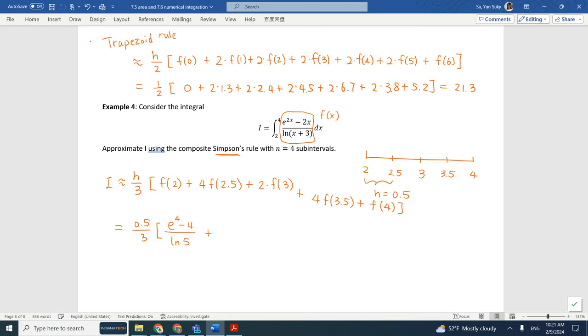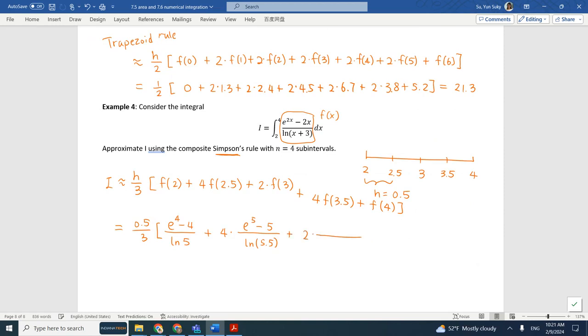Yes. We try to simplify it so we don't have too many things to plug in your calculator. Okay, we're plugging in 2.5. What is 2 times 2.5? 5. Yeah, e to the 5 minus 5, over ln, what is 2.5 plus 3? Yeah, 5.5. Okay, that's 4 copies.